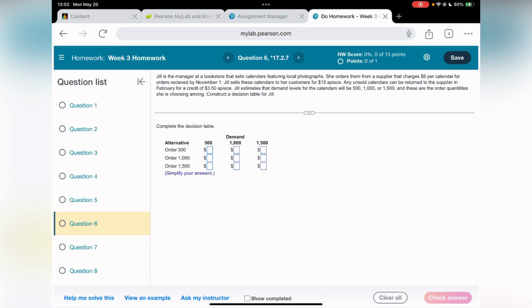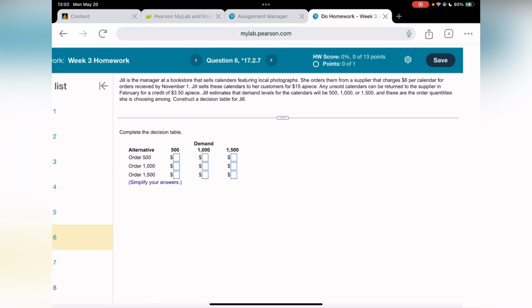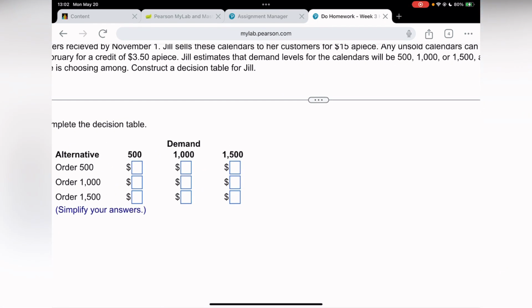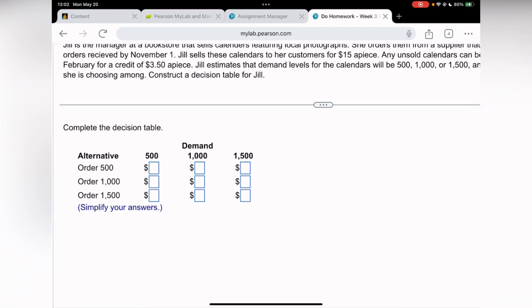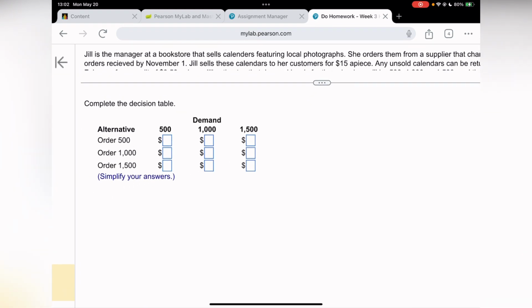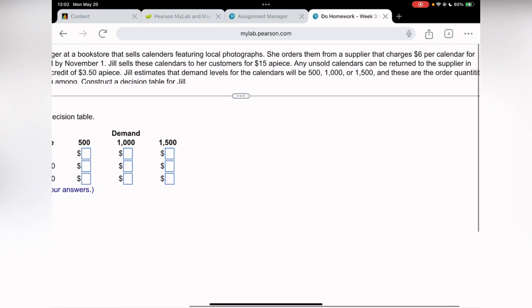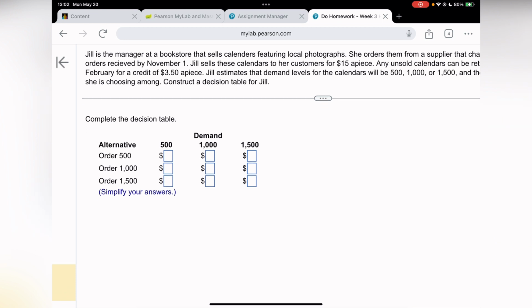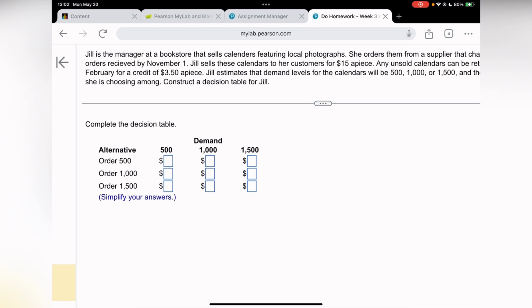So Jill estimates the demand level for the calendar will be 500, 1,000, and 1,500. Here it shows demand and supply. So we're going to work with this amount of demand, and these are the order quantities she's choosing among. So we need to construct a decision table for Jill.